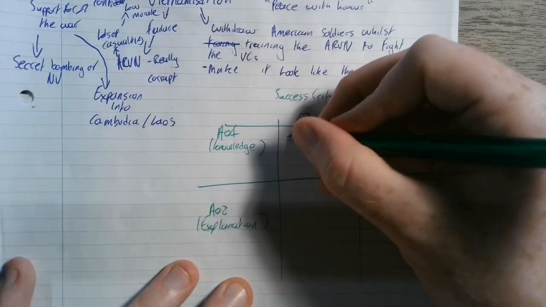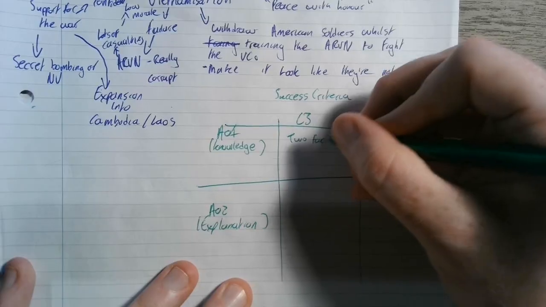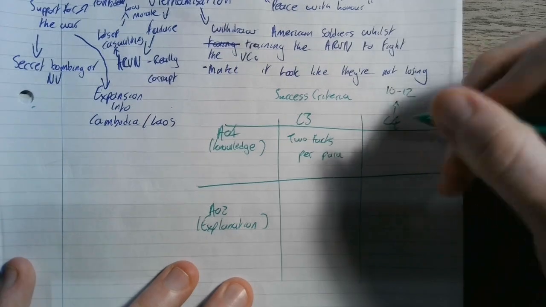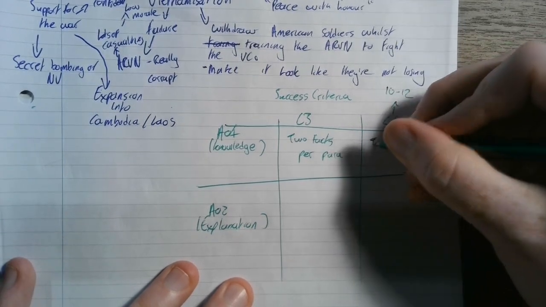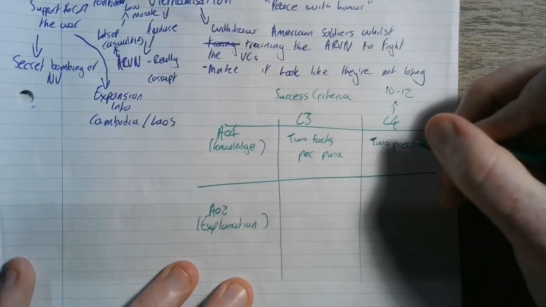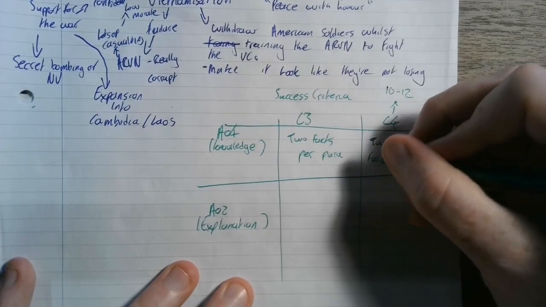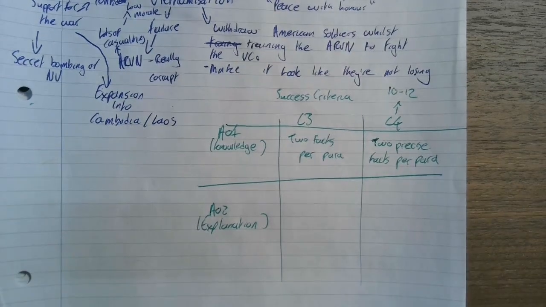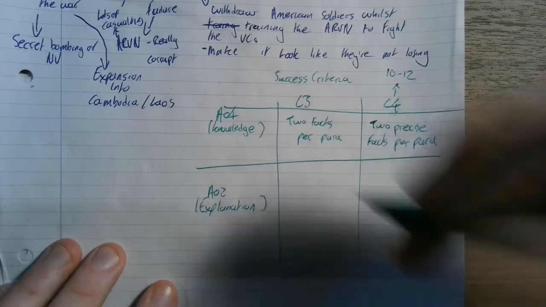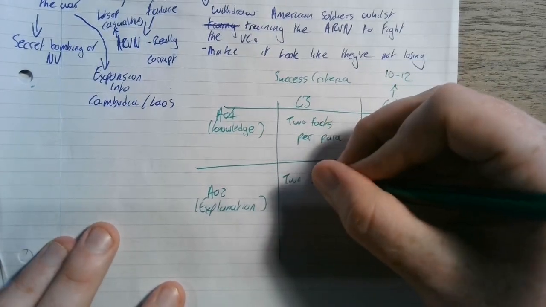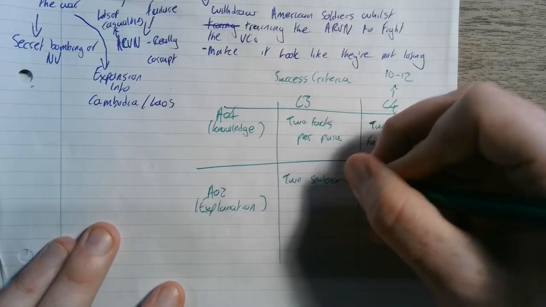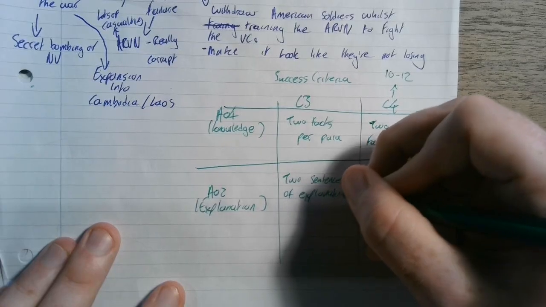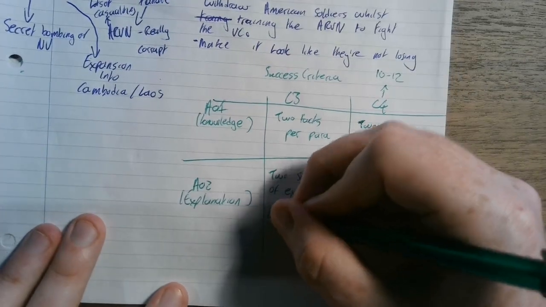In terms of your knowledge, you need to make sure you've got 2 facts per paragraph. For AO1 level 4, you need to have 2 precise facts per paragraph. In terms of your AO2, you must have 2 sentences of explanation, and that might be how or why.